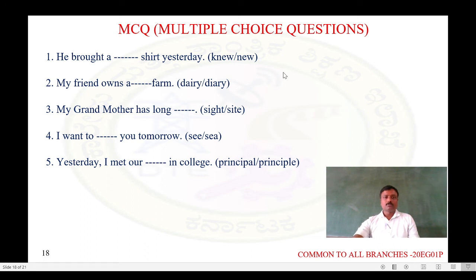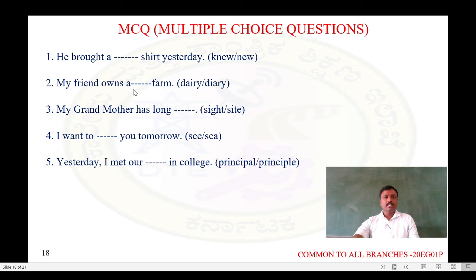Here we have multiple choice questions along with two options. We have to select the right answer. He bought a dash shirt yesterday. K-N-E-W, knew, or N-E-W, new. Which one is applicable? N-E-W, new, is applicable here.